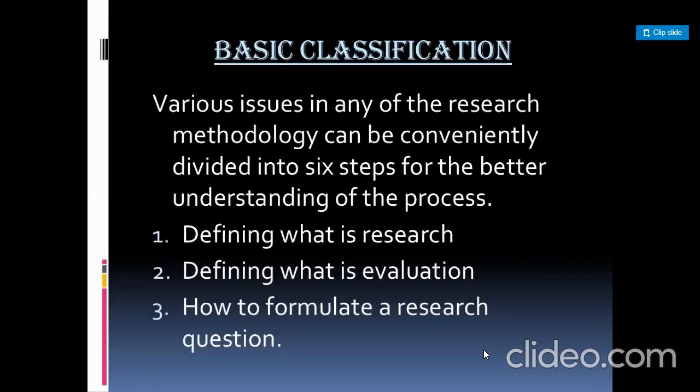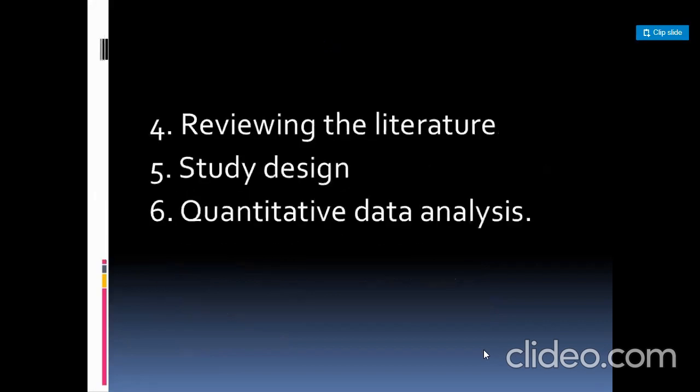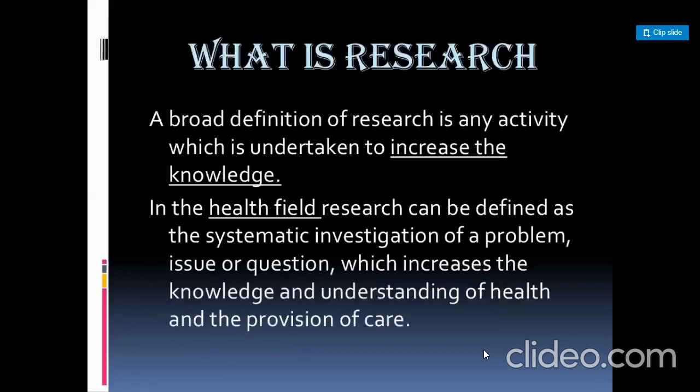Then only the designing of your methodology will depend on your question, which is the basis or origin of your research, right? Then the fourth one, reviewing the literature. The fifth one, study design. And the sixth one, quantitative data analysis. I already told you in the first class the different steps of the research, right? From there we will discuss how we are going to design that, under the second point of your first unit.